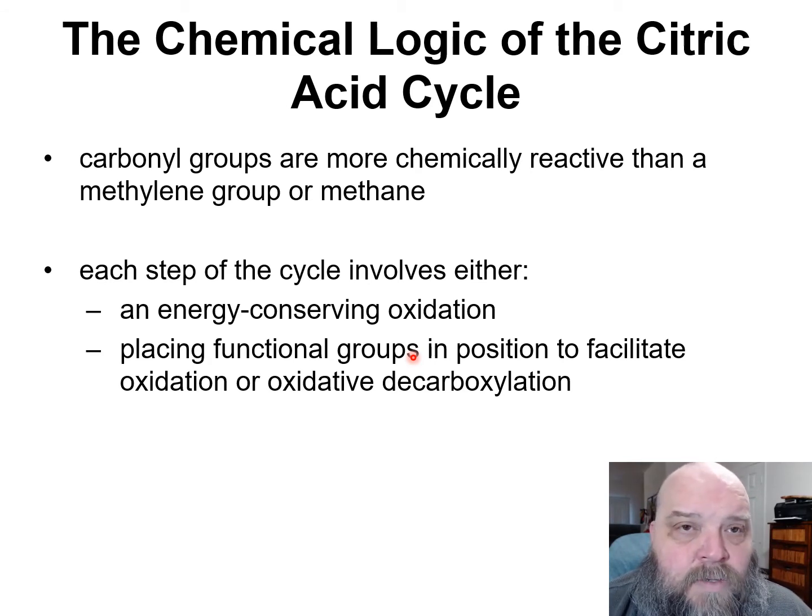Some of those steps are basically just moving a functional group from carbon 2 to carbon 3. By doing so, it sets it up so that you can go get an excited electron off of carbon 1, or you can go get the excited electron off of carbon 3 now.